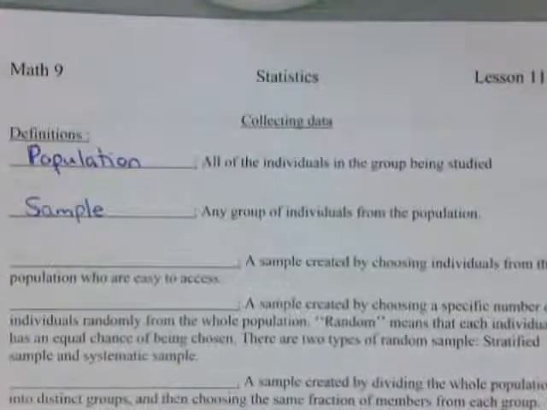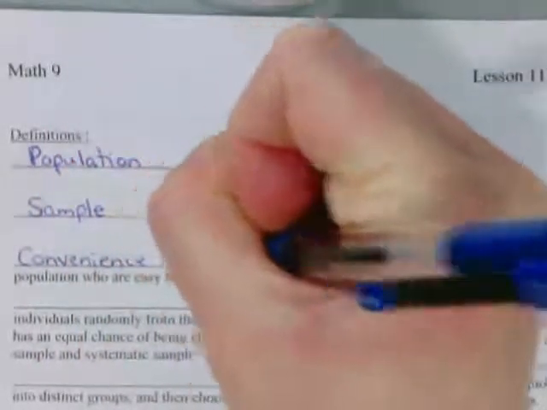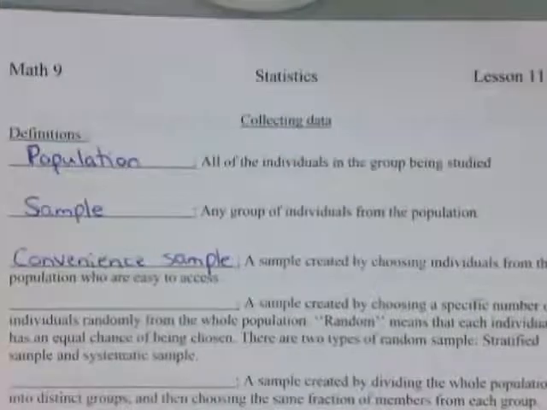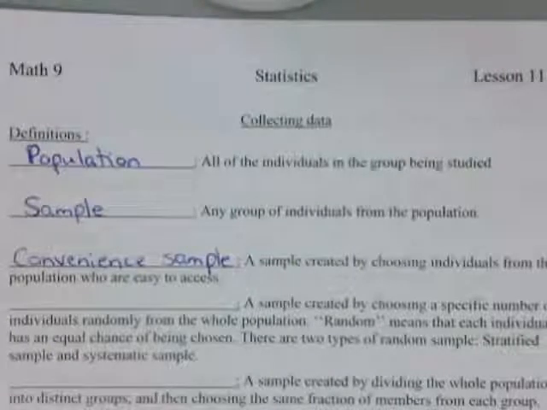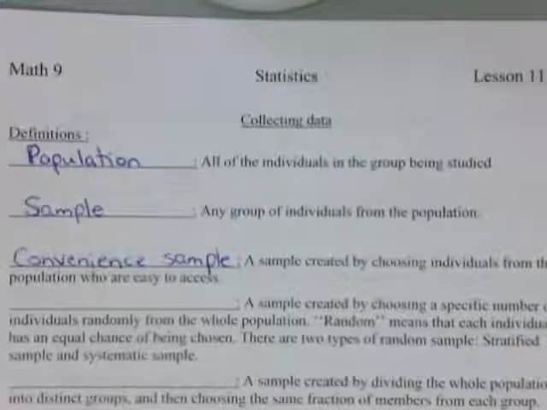The very first type of sample is called a convenience sample. Now, a convenience sample is a group of individuals that I choose from the population that are easy to access. So for example, I do not teach grade 11 or 12, so it would be very difficult for me to connect with grade 11 and 12s at this time, whether I was in a classroom or teaching you guys online.